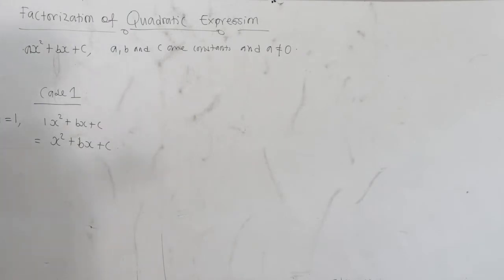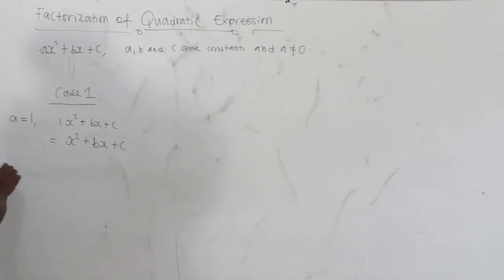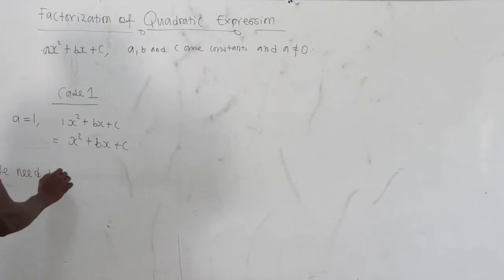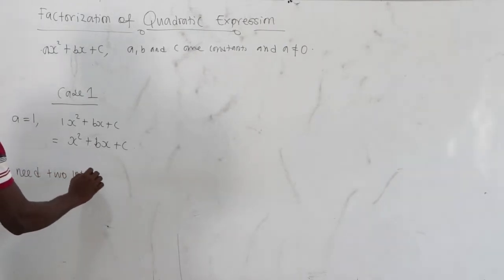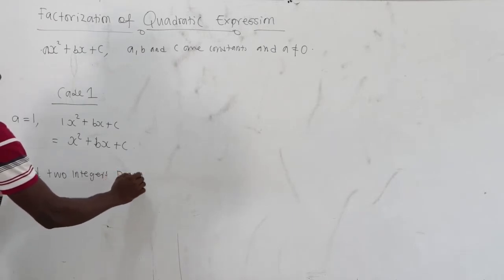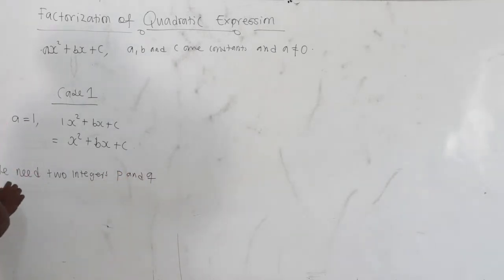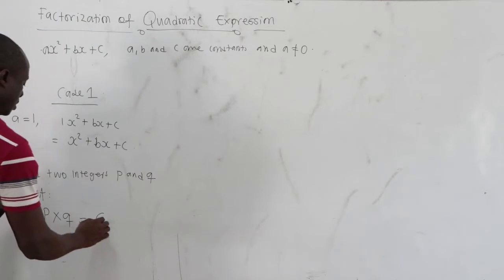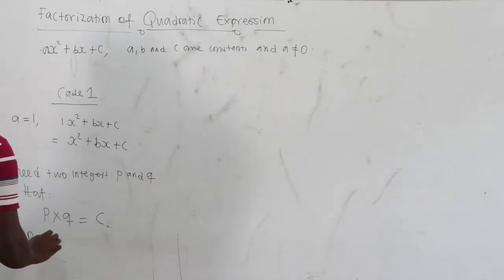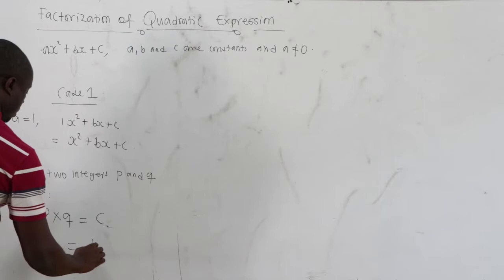Now, to factorize x squared plus bx plus c, we need two integers p and q such that when we multiply p and q, we get c, and when we add p plus q, we get b.